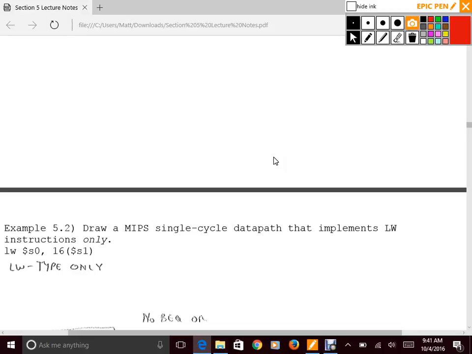All right, so 25 to 21, where does that go in the register file? Read register 1, right? Read RR1. And so where is 20 to 16 going to go? What is a load word instruction physically doing?